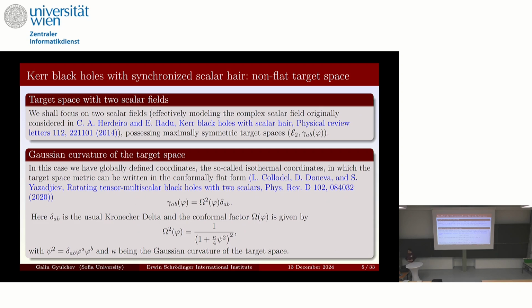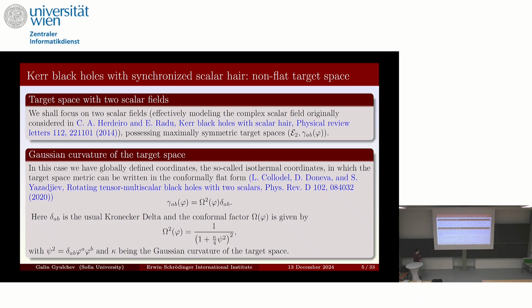Inspired by the works of Heideiro, we will restrict our consideration to two scalar fields, which means that effectively we consider only one complex scalar field, with these two scalar fields playing the role of the real and imaginary parts of this complex scalar field.